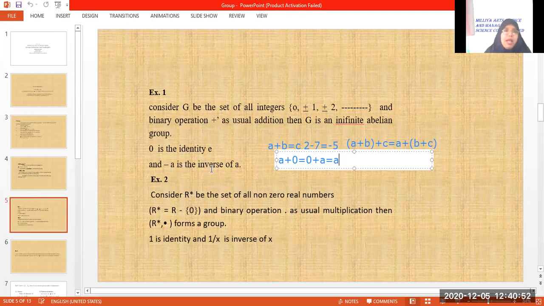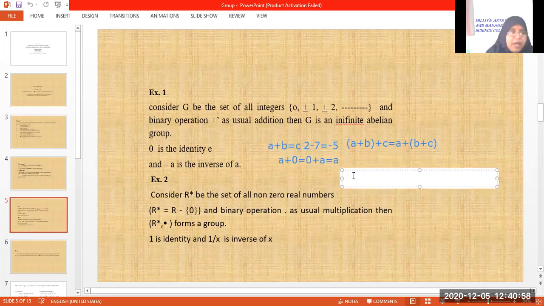And minus A is the inverse of A, since A plus minus A is equal to minus A plus A is equal to 0. 0 is the identity element for the operation addition.